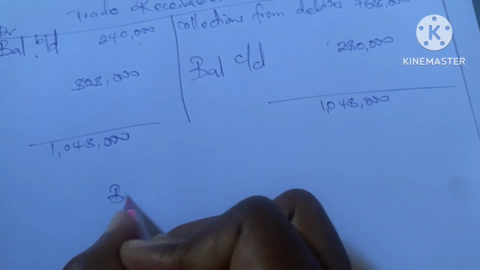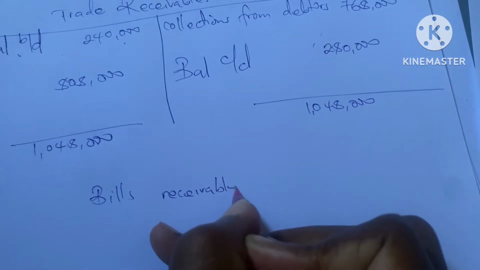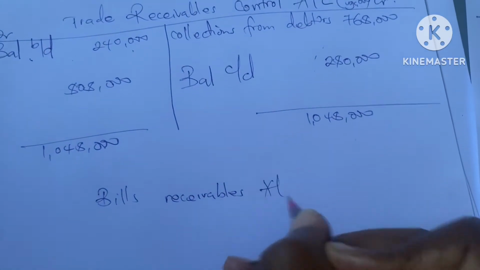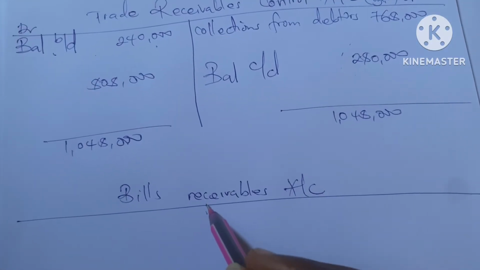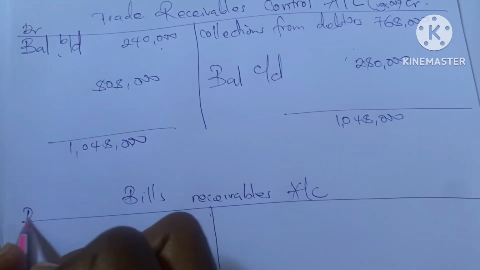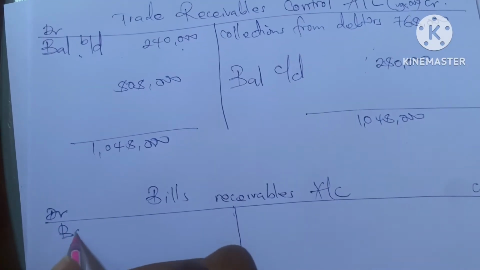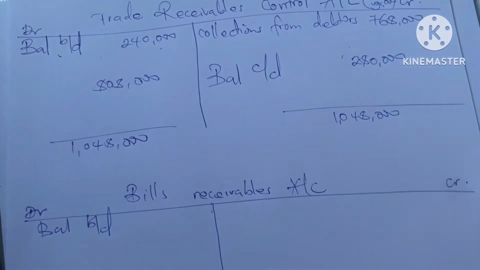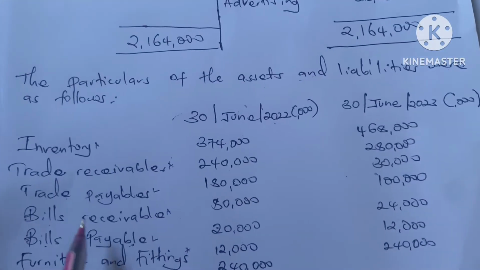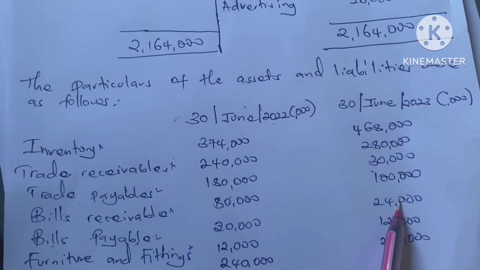So we prepare the bills receivables account. It has the same formatting as the trade receivables account. So we debit and then credit. It has a normal debit balance. So balance brought down will be on the debit side. Bills receivable, this is its opening balance, this is the closing balance.